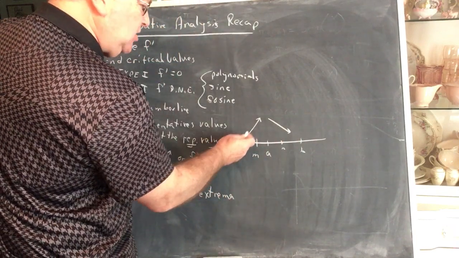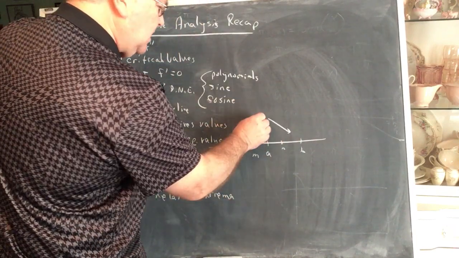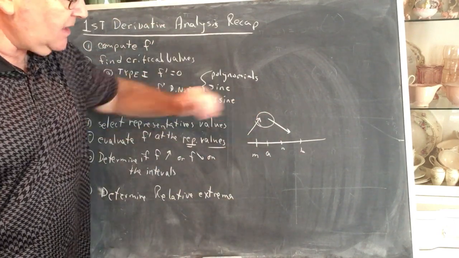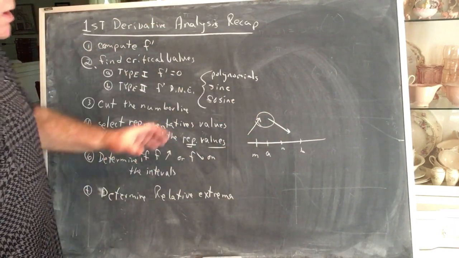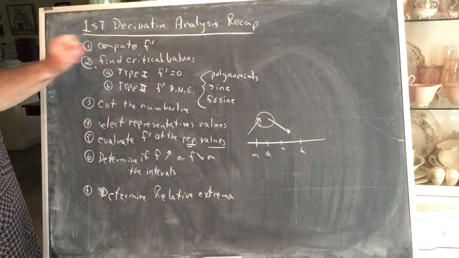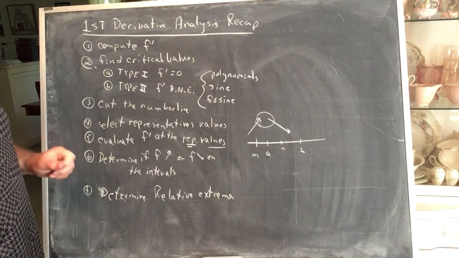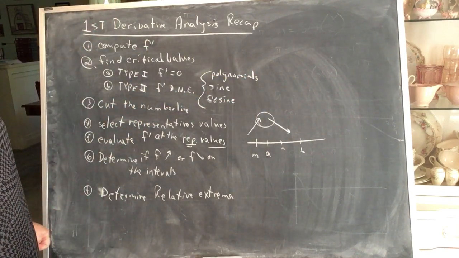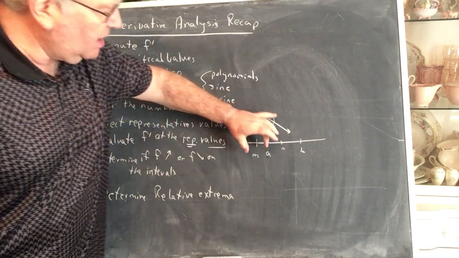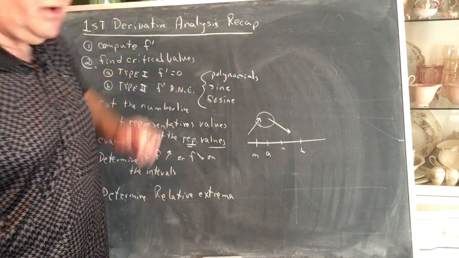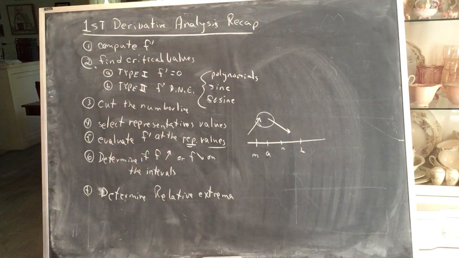Now, if it changes from increasing to decreasing, then there is a potential relative maximum at x equals a. You would take the value of a, plug this into the original function, and if that value does exist, then there is a relative maximum at that value. If you plug a into the original function and you do not get a solution, that means there is no relative maximum at that value.